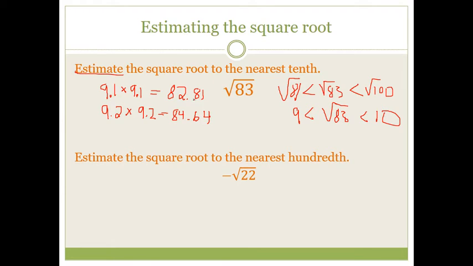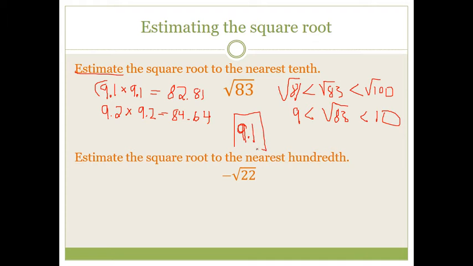I subtracted 83 minus 82.81, and I got 0.19. Then I took 84.64 and I subtracted 83 and I got 1.64. Well, 0.19 is the winner. It's a lot closer to 83. So now I'm looking at 9.1, right, as being the square root of 83 rounded to the nearest tenth.